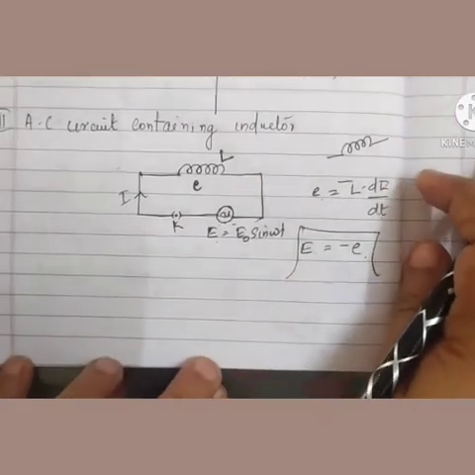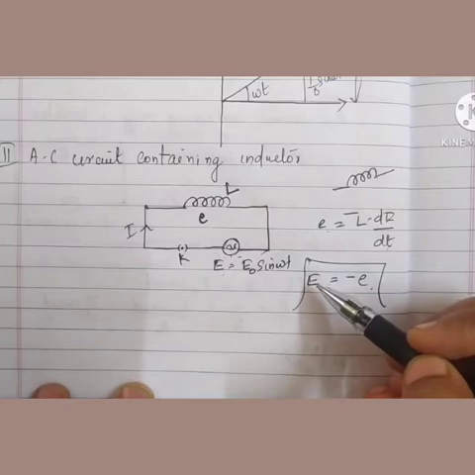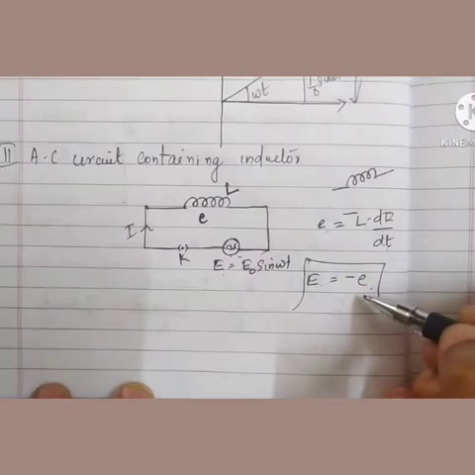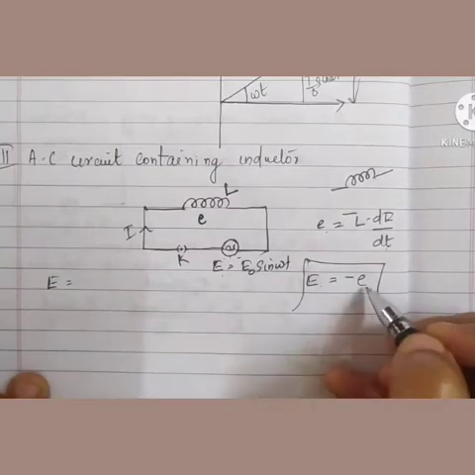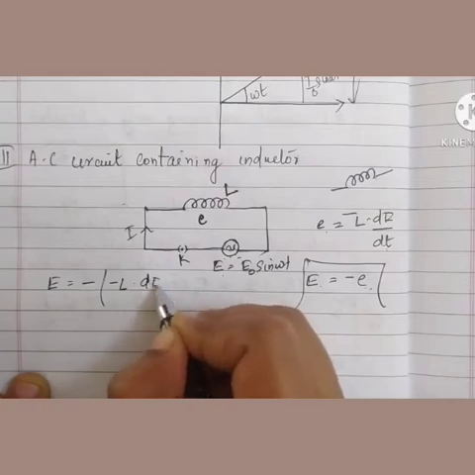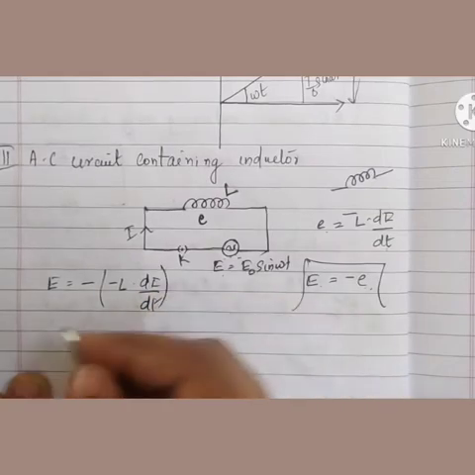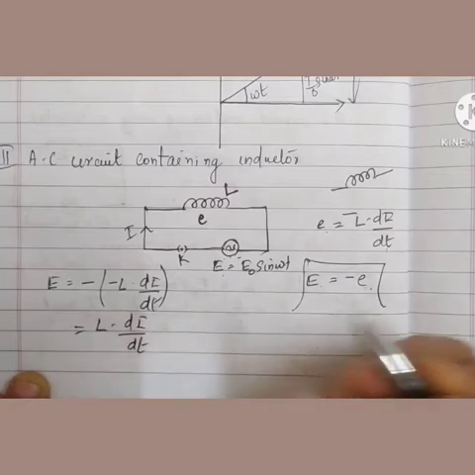So in such a case, the expression for E you know, and the expression for minus e also you know. So you can write E is equal to minus of minus L into di by dt, isn't it? That is L into di by dt.